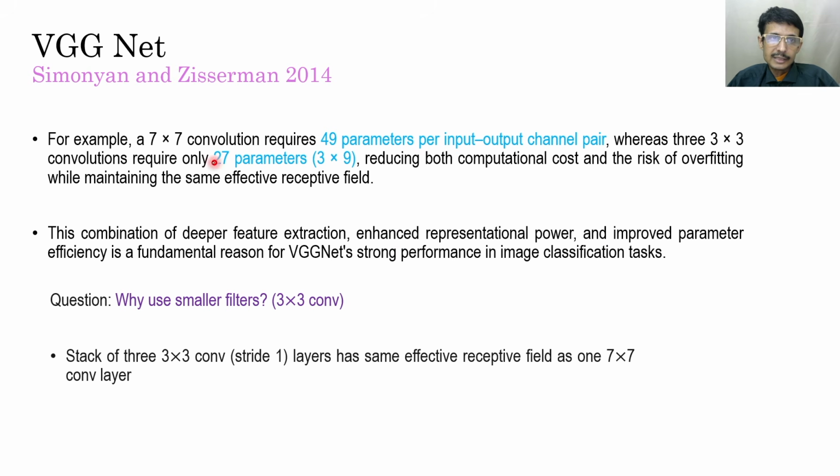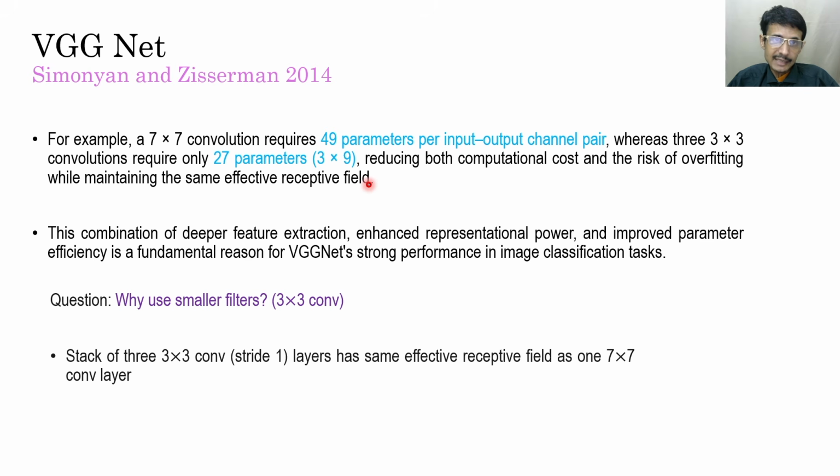So a 7x7 convolution layer has 49 parameters per input-output channel pair, whereas 3x3 convolution layers require only 27 parameters, reducing both computational cost and risk of overfitting while maintaining the same receptive field.